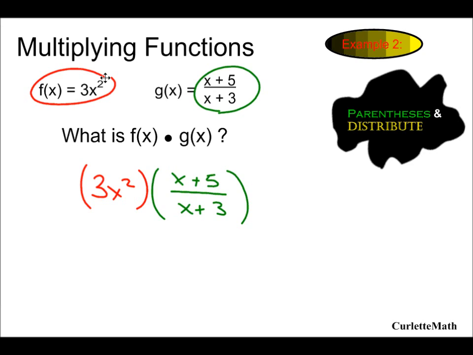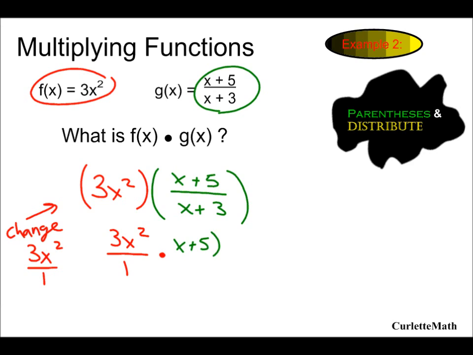So we need to change our 3x squared into a fraction. A lot of times this helps us to put it over 1 to remind us that 3x squared is in the numerator. So a lot of times that can help us to write it as 3x squared over 1 times x plus 5, helps if we write that in parentheses, over x plus 3, also putting it in parentheses.